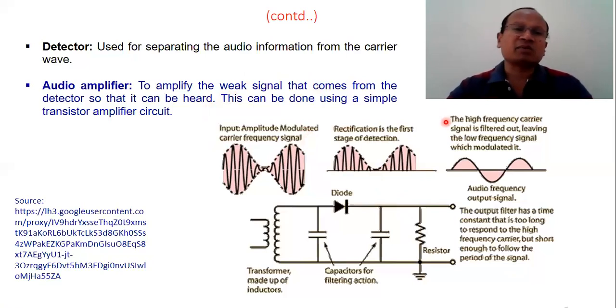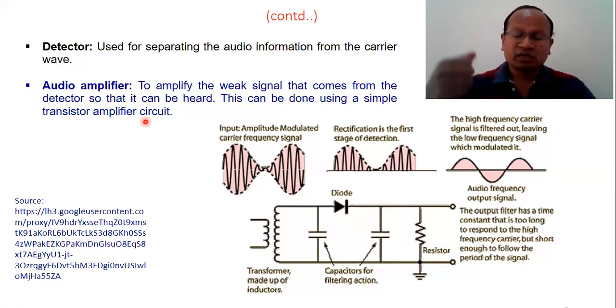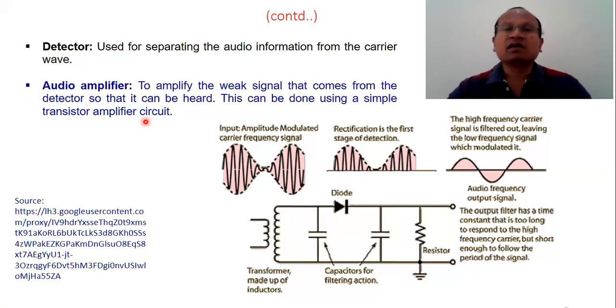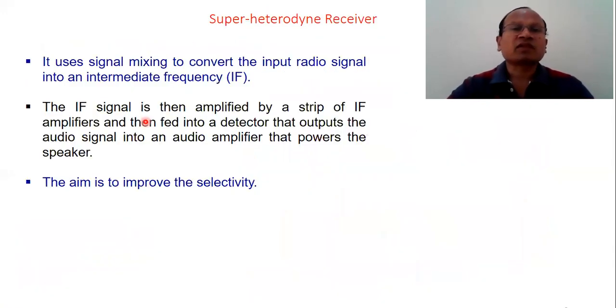But in the basic AM receiver circuit, we can use a simple transistor amplifier that will amplify the audio signal, so that voice which is not very audible after detecting the AM signal can get strengthened before we subject it to the speaker, the output device.